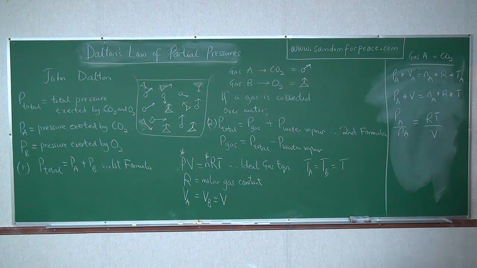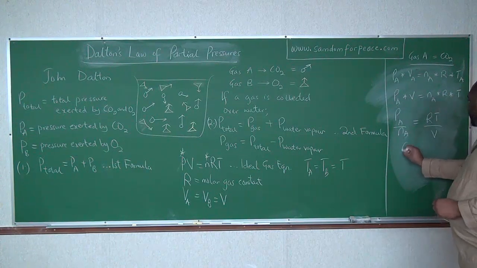RT over V is equal to P of A, the pressure of gas A, which is the partial pressure, over N of A, the ratio of the partial pressure exerted by carbon dioxide to the number of moles of carbon dioxide.